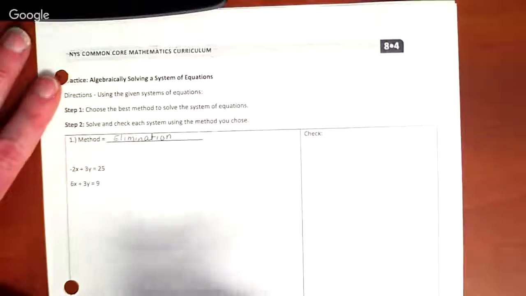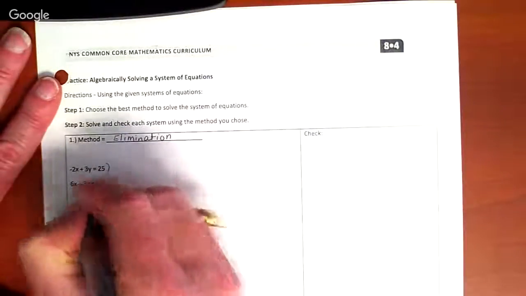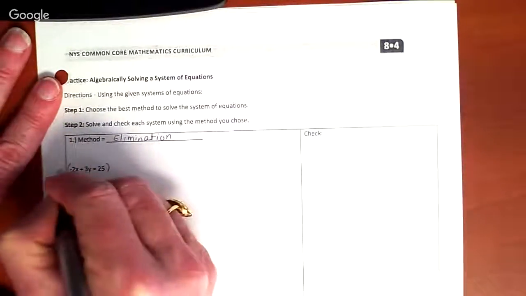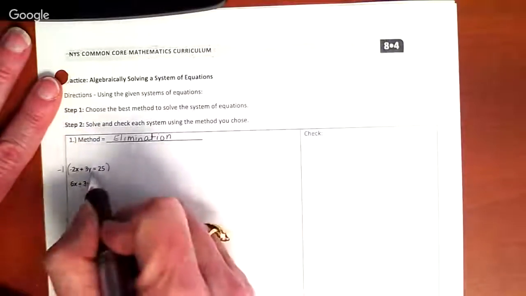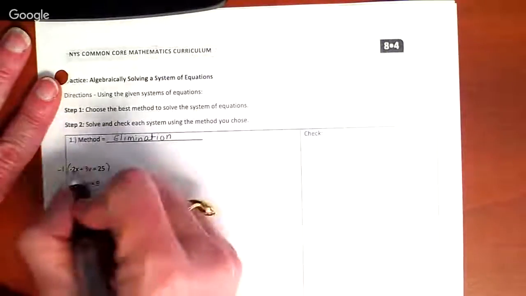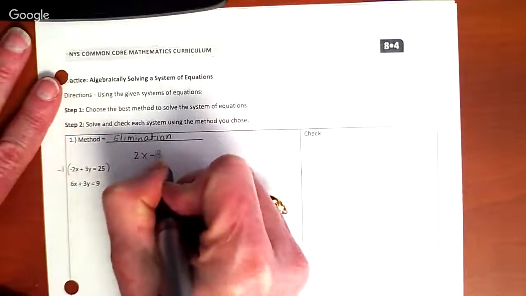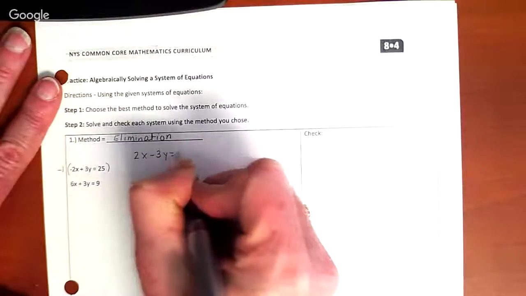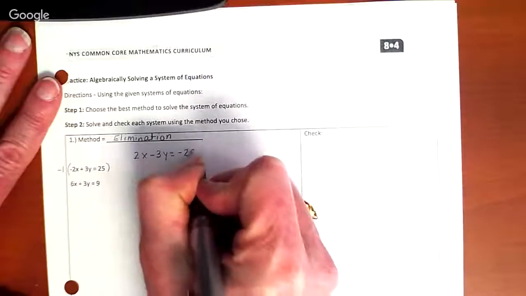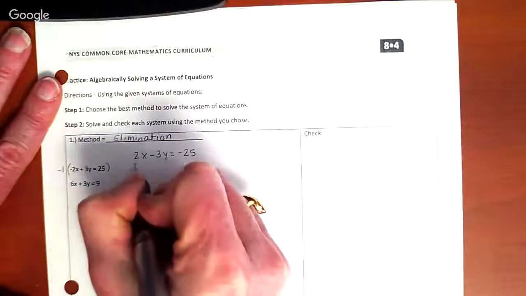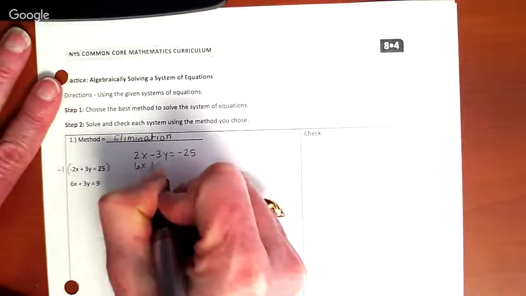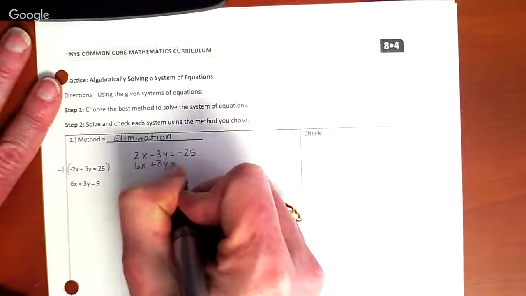And what I'm going to do here is multiply the top one by -1 to eliminate the y's. So here I would have 2x minus 3y equals -25, and I have 6x plus 3y equals 9.